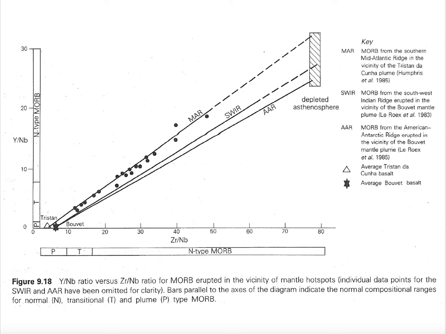So then we have another nice diagram. We have here a P-type MORB, P, and then the big arrow shows us the zirconium-niobium ratios in N-type MORB.